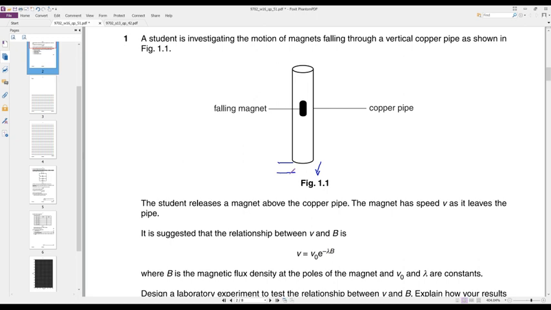Yeah. So presumably your timer would stop or record when it passes, and so what you'll get is a T1 and a T2, and then you've got a distance d in between here, and so your velocity is then just going to be d over T2 minus T1.